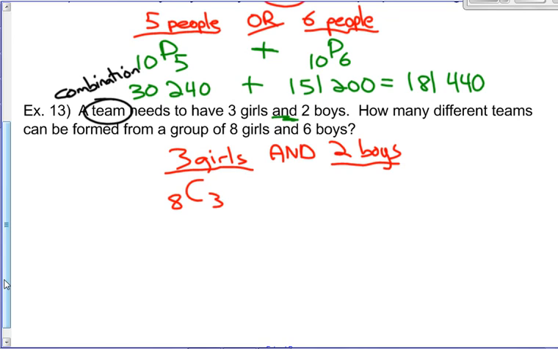Again, I'm using C because it's a combination question, because order doesn't matter. For the boys, I have 6 to choose from, and I'll take 2. And means I multiply those results. So again, you can pause and do the math if you like, but this means 56 times 15, or a total of 840.